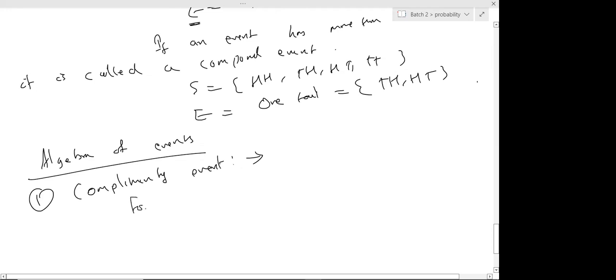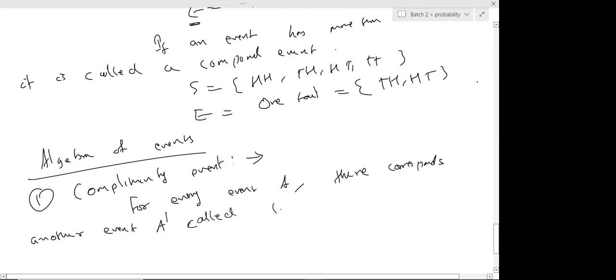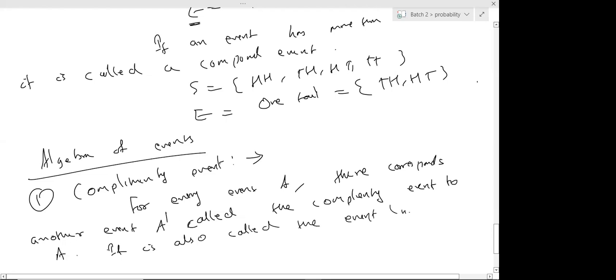For every event A, there corresponds another event A dash called the complementary event to A. It is also called the event not A.